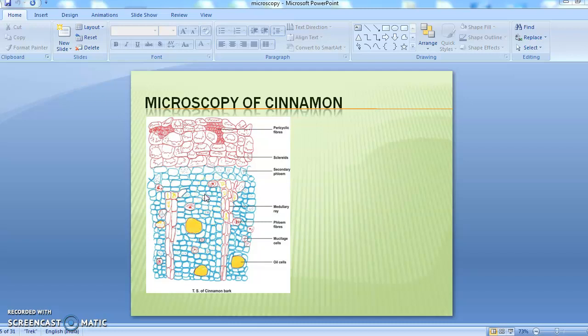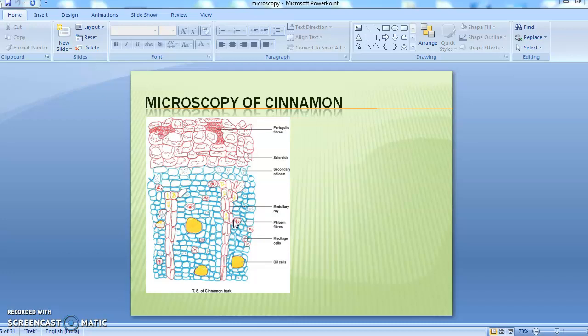This phloem parenchyma contains idioblasts and is longitudinally elongated. Then the phloem fibers. Here you can see the phloem fibers. Phloem fibers occur singly or in short tangential rows of 2 to 5.